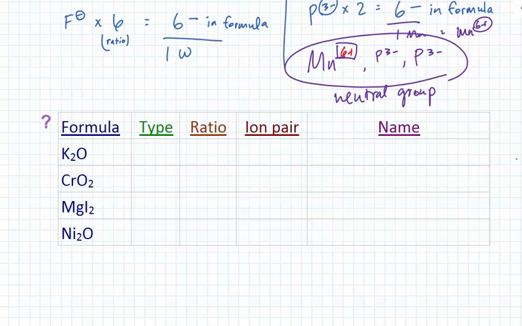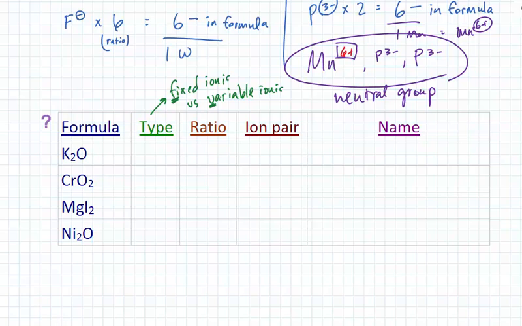Okay? So here on this page where we've got type, okay, these are all ionic. It's all metal and non-metal. So just write an F or a V in there. Okay?